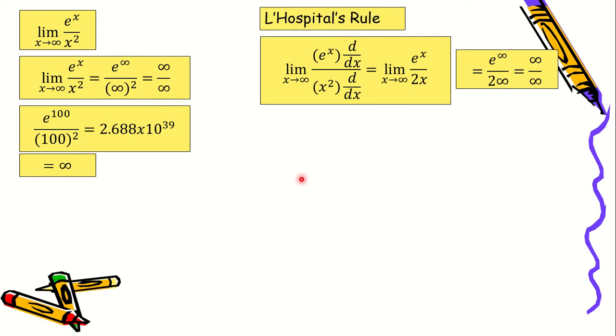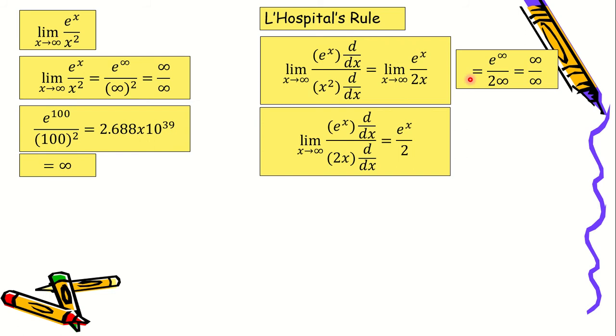So we still have the indeterminate form. So we can use L'Hospital's rule for the second time. So kukunin ulit natin yung limit ng e raised to x, yung numerator, and then the derivative of e raised to x, and then the derivative of 2x. So the derivative of e raised to x is of course still e raised to x, and then the derivative of 2x is equal to 2. So notice that we no longer have the indeterminate form.